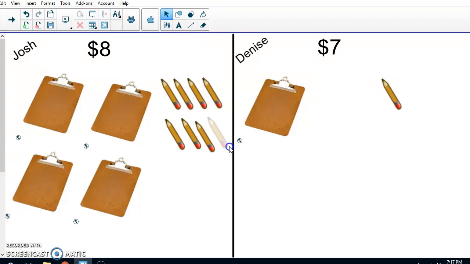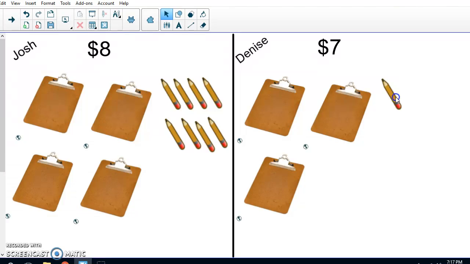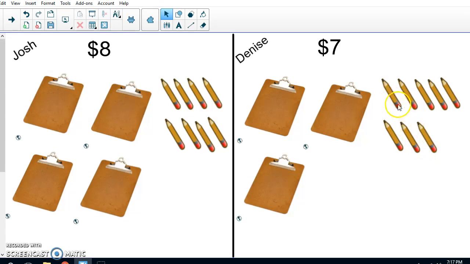Love that infinity cloner on Smart. And Denise has purchased 3 clipboards and 10 pencils. 1, 2, 3, 4, 5, 6, 7, 8, 9, 10.